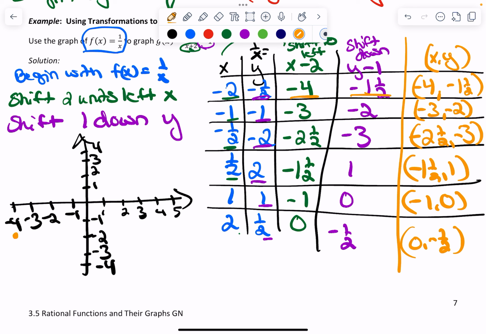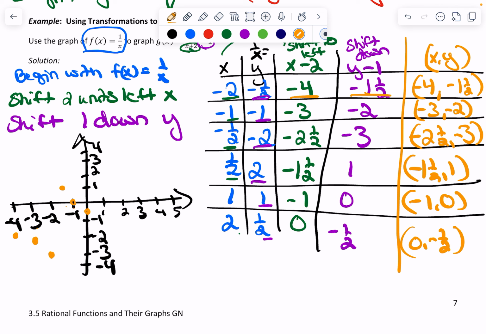Negative 3, negative 2 is going to be here. Negative 2.5, negative 3 is right here. And then we jump to negative 1.5 and 1, which is right here. Negative 1 and 0, and 0 and negative half.